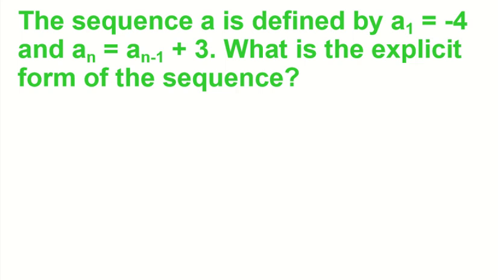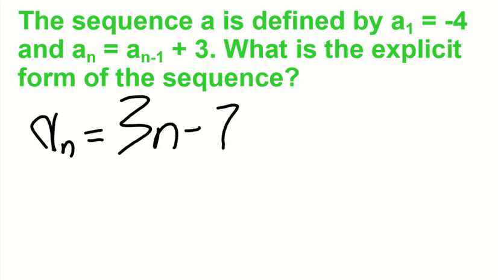Adrian? An equals 3n minus 7. So you got a sub n equals 3n minus 7. All right, couple ways you can look at this.